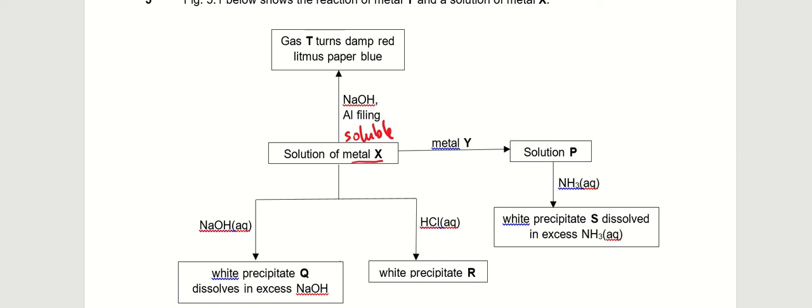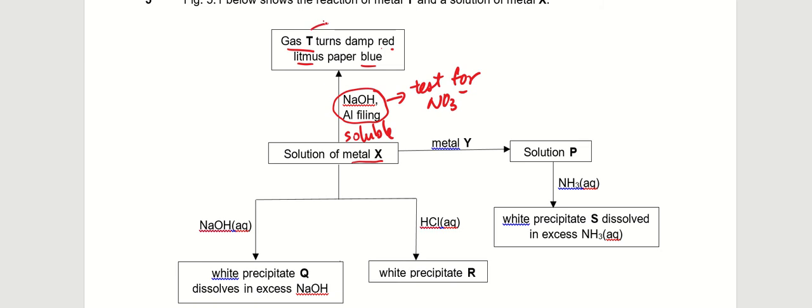Now let's take a look at this first reaction, where we add sodium hydroxide with aluminium filings. Adding sodium hydroxide and aluminium filings is definitely a test for the nitrate ion. How do you know if the nitrate ion is present? We will get ammonia. Here we can see that ammonia gas is given off because we have a gas T that turns red litmus paper blue.